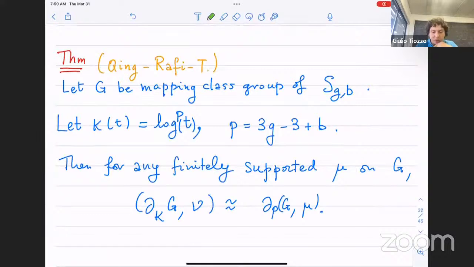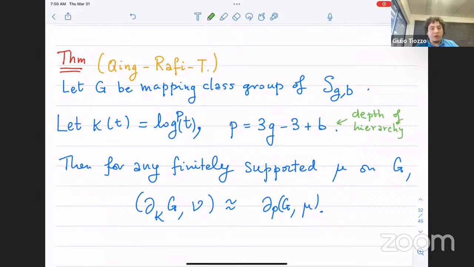So the pth power of the logarithm, where p is the complexity of the surface. And the reason why we care about the complexity will be clear when I tell you the sketch of the proof, because this is the depth of the hierarchy associated to this mapping class group.